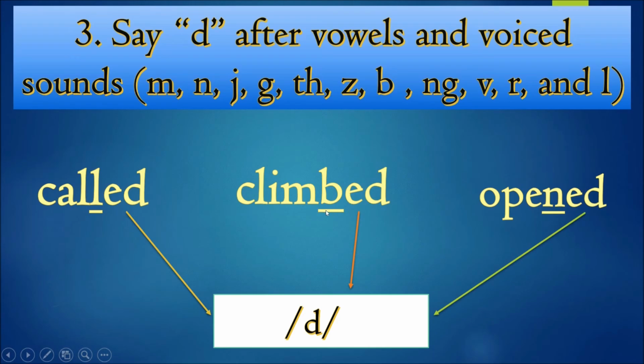Next, we have climbed. Climb ends with letter B. So the ed sounds d. So you'll say climbed, climbed. Okay, next, the word is open. Open ends with N. So the ed sounds d.